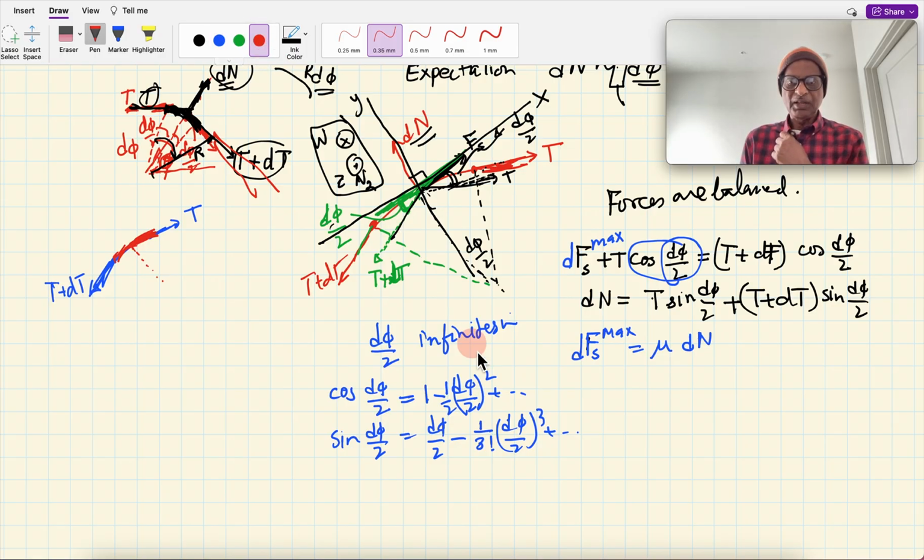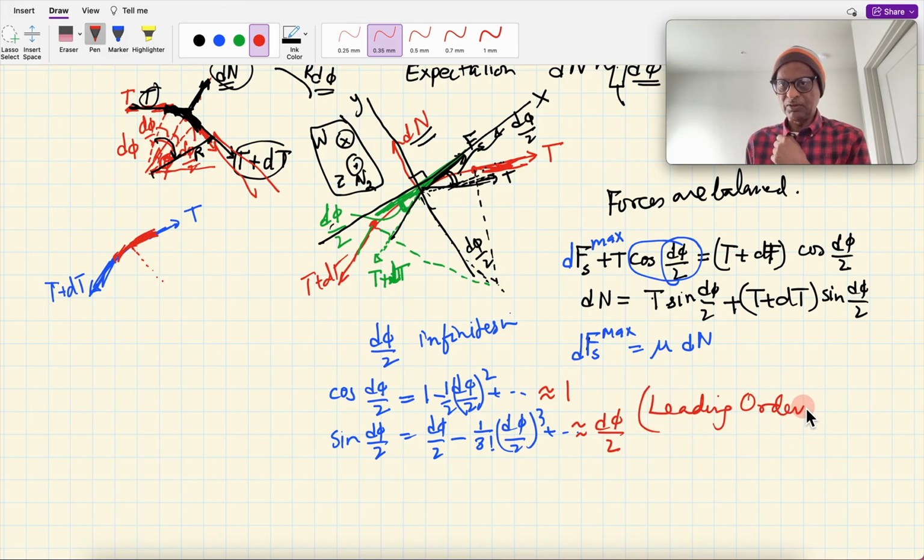So now, without losing completeness, I'm not setting it to 0, otherwise I lose all the information, and this one is not being set to 0 either. So this is just leading order. This is called taking things in the leading order. When we do approximation, we should keep this.